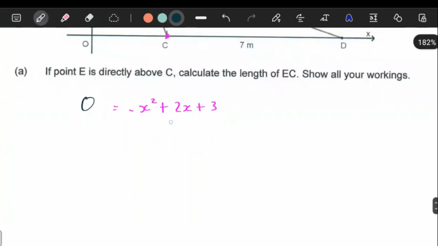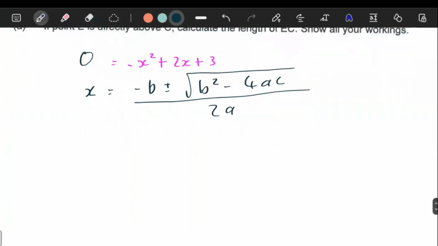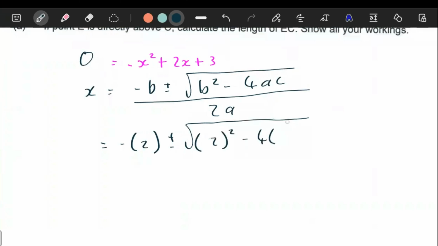Making this a 0, let's just use our quadratic formula. See? b squared minus 4ac, the whole thing over 2a. So b is 2, 2 squared, a is -1, c is 3. The a value is -1.